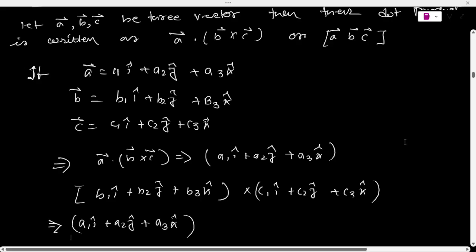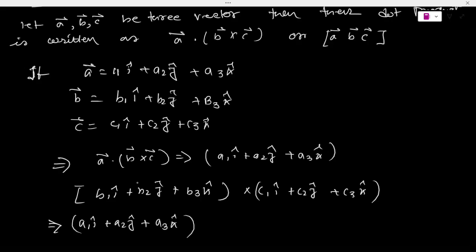Before the step jump, let's say this is b1 and this is c1, multiplying each other.